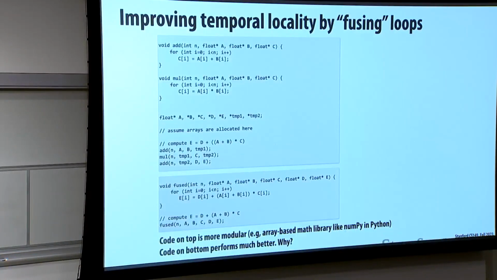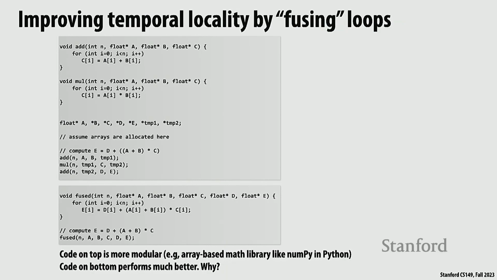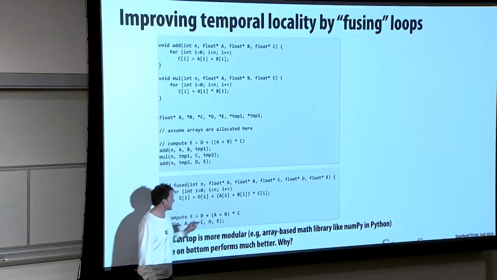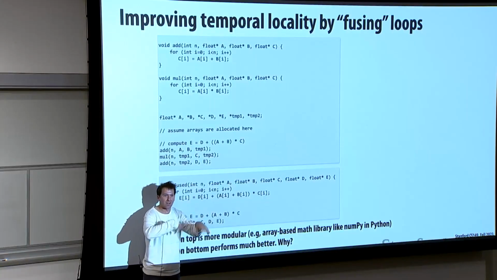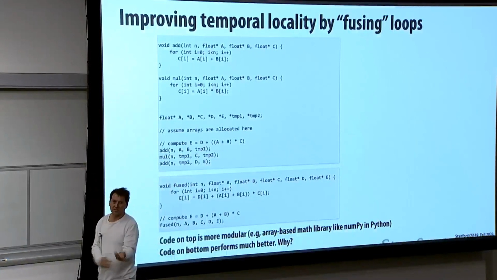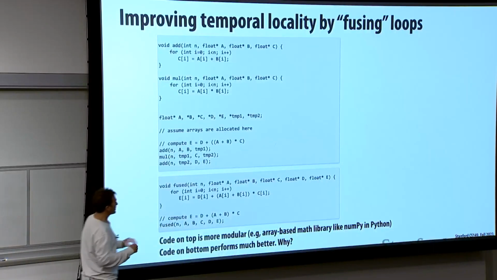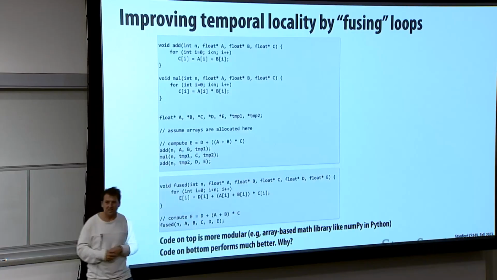So why is this better? Iterating over 4 arrays instead of 6. In particular, I'm reading the value from A, B, C, D. I'm computing all of the intermediates, which probably get stored in a register or in cache. And then I get all the way done with all of that and then dump the result out.